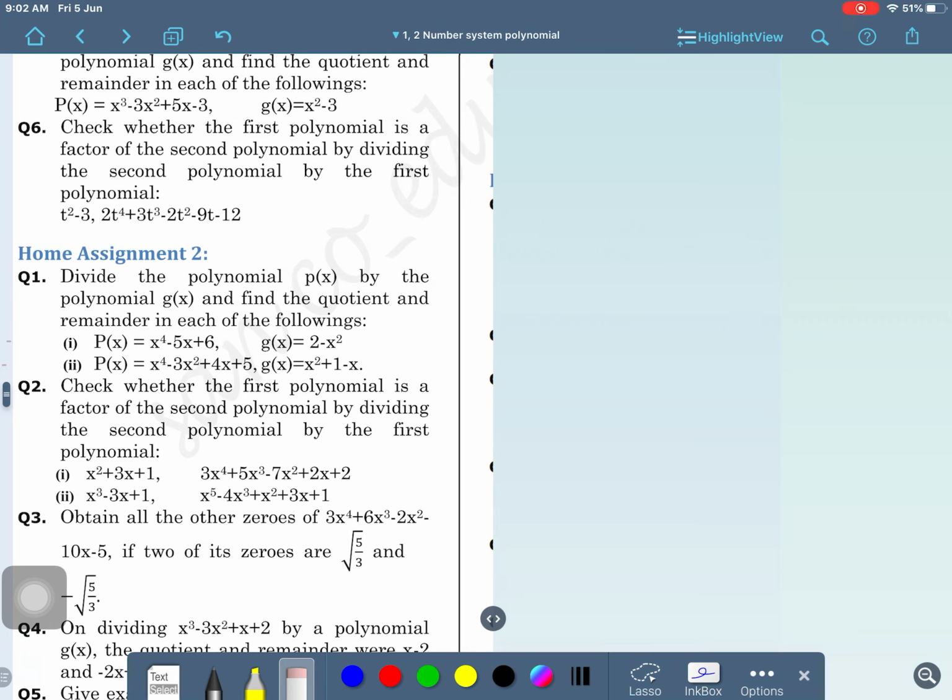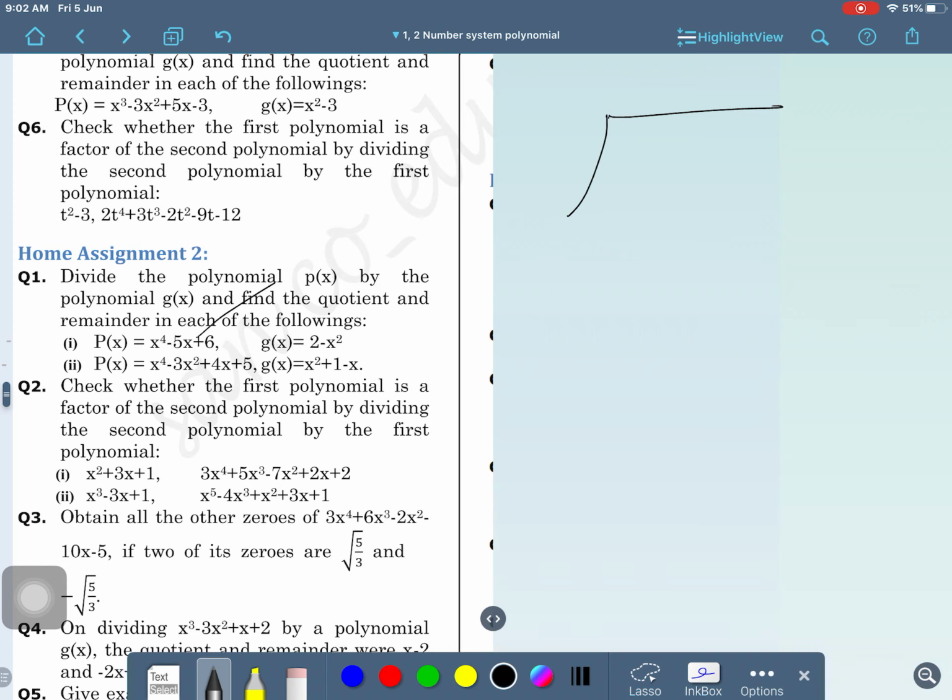What does this mean? I am just talking about this question number home assignment first. Some question student want to ask the question number first of that. I am telling this x to the power that polynomial is to be divided here p x. What is to be divided here? You may see. Okay, this is x to the power.